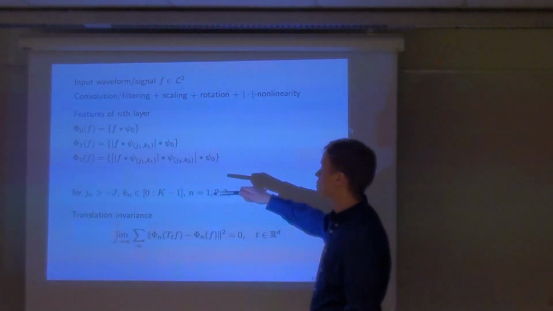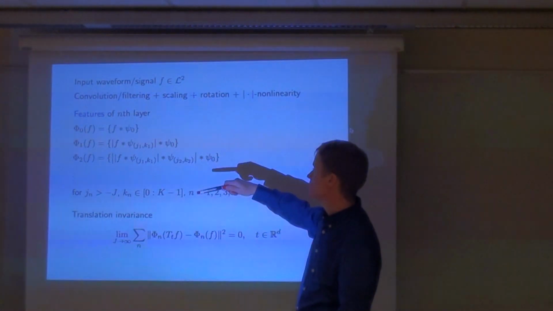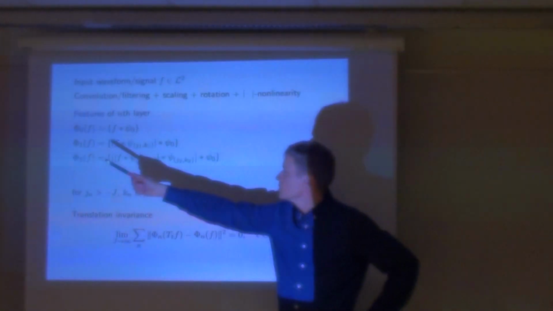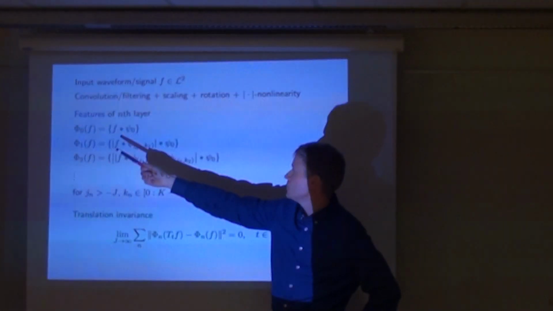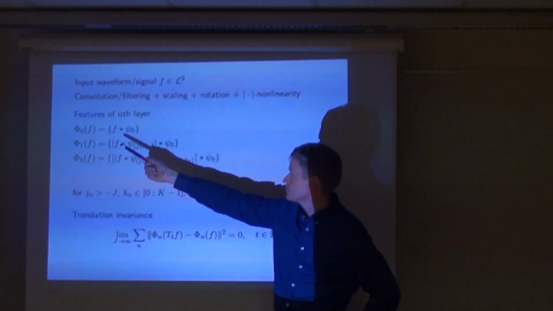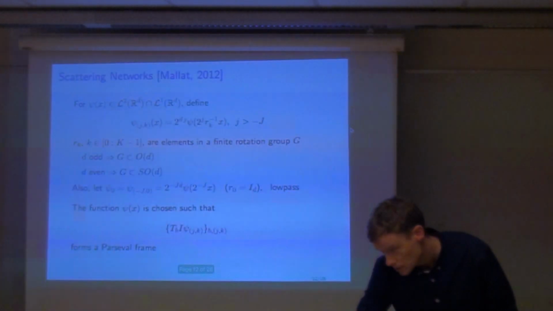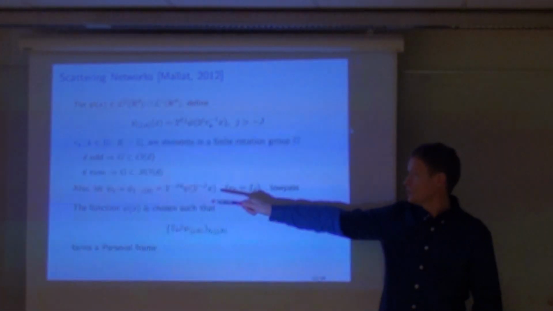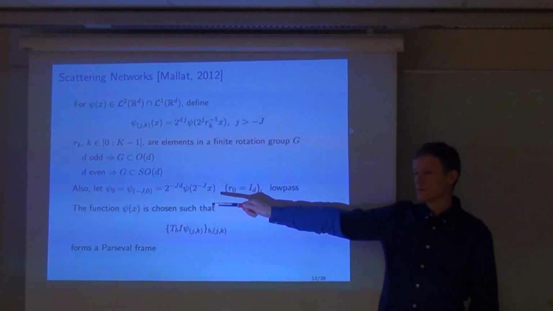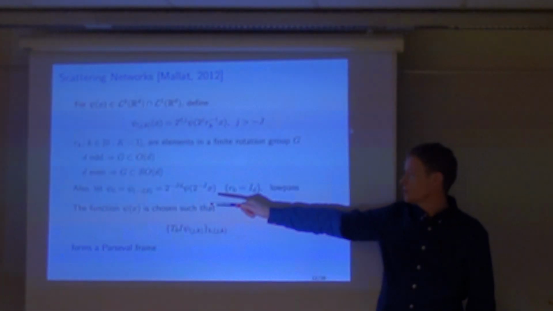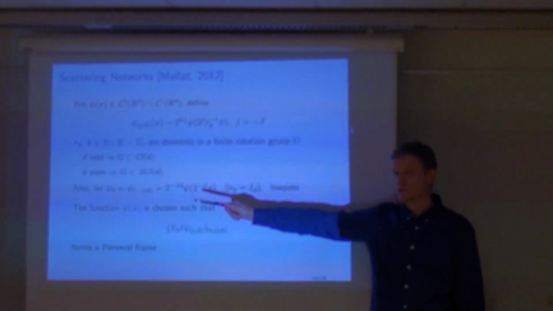Okay, and then the features of the nth layer. For n equals 0, the features are the function filtered by psi 0, and psi 0 was this guy here. So it's psi, but no rotation, only scaling.